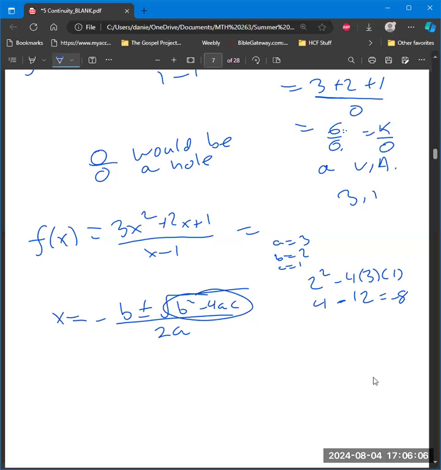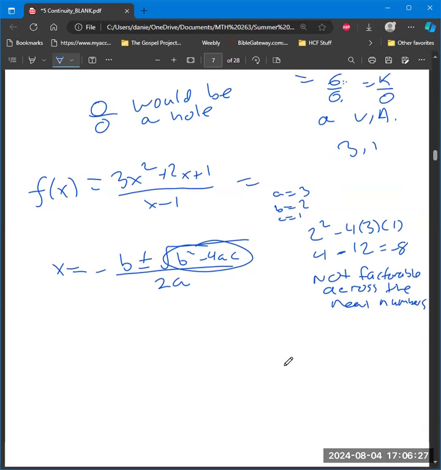And so we're going to get a negative inside of the square root. That gives us imaginary, complex answers. That means it's not factorable across the real numbers. We don't want to deal with complex numbers in this class.